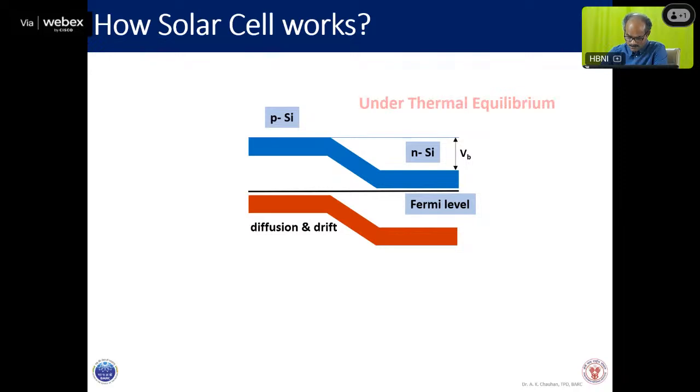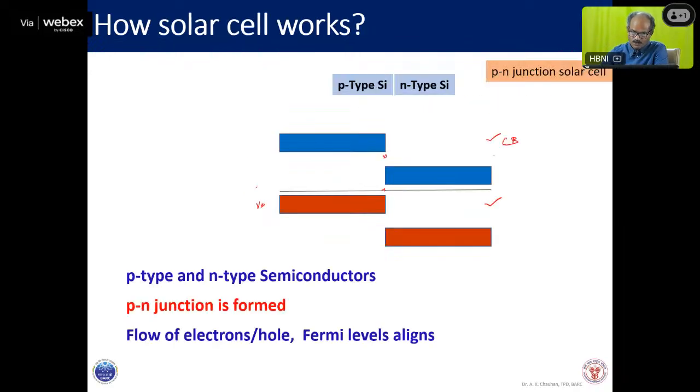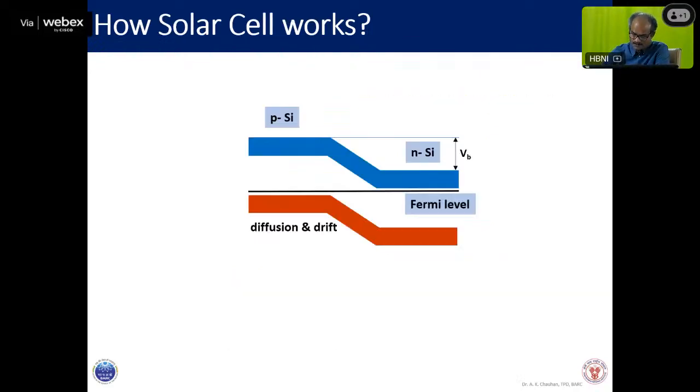And how does it happen? It happens by both drift and diffusion. So when we join, a p-n junction is formed and flow of electrons and holes takes place, and the Fermi levels align. But when the Fermi levels align, the situation is not exactly what we are seeing here, but it should be like this.